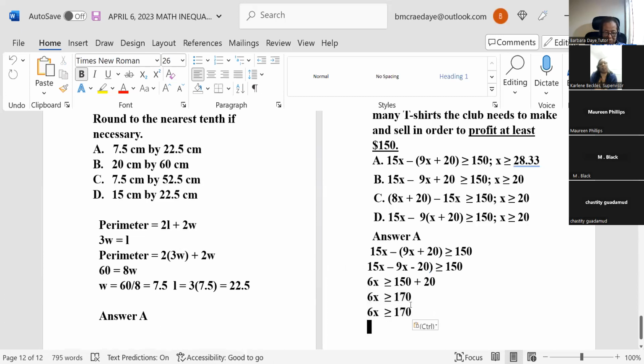So X will be 170 divided by 6, and you get X is 28.33.